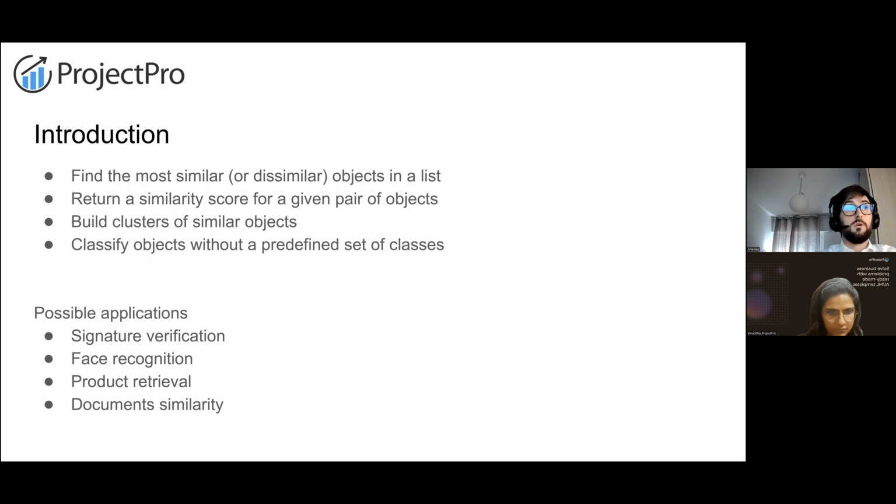But we could also use it for signature verification, for example, to check if two signatures are from the same person. For product retrieval, for example, if we have an image of an item, some kind of pair of shoes, and we want to look in a big dataset of images for something somewhat similar, we can do that with this kind of algorithm, since it can give a degree of similarity, so we can get more similar shoes and very dissimilar ones, but we can tune them in different ways.